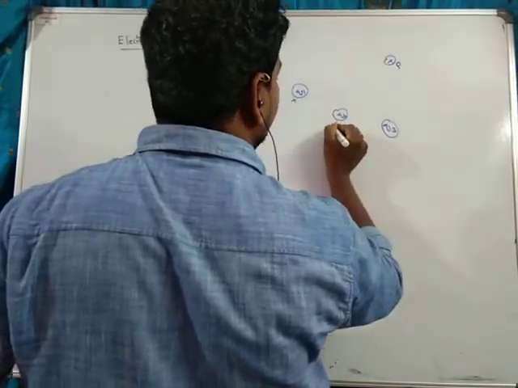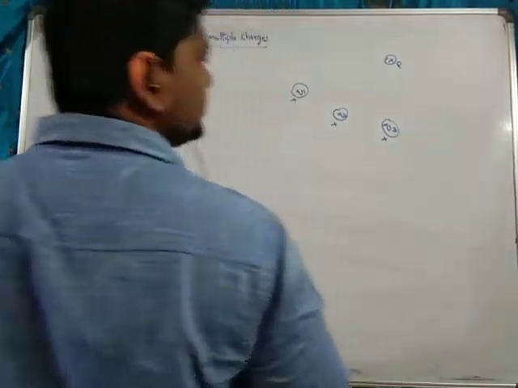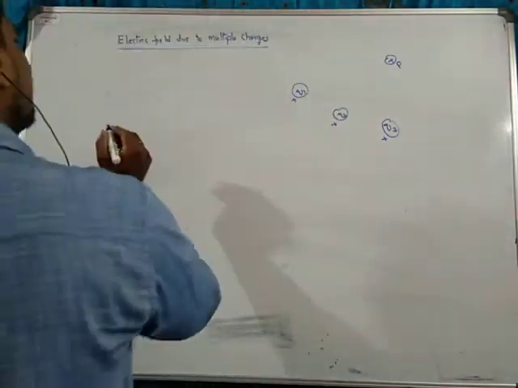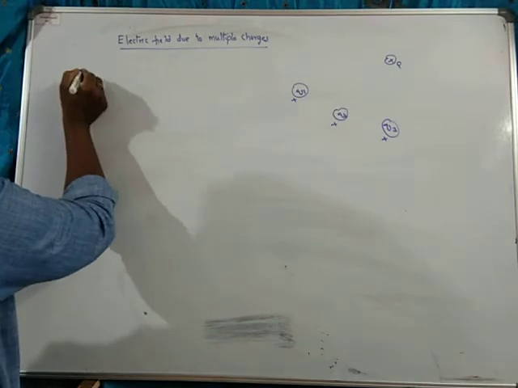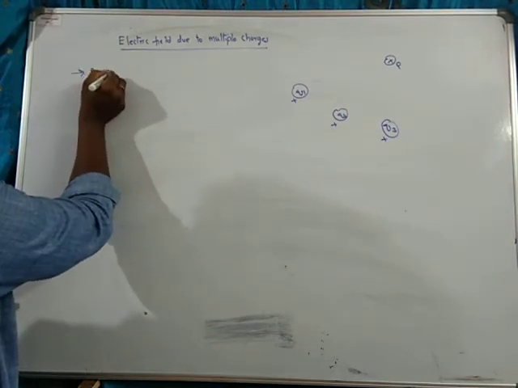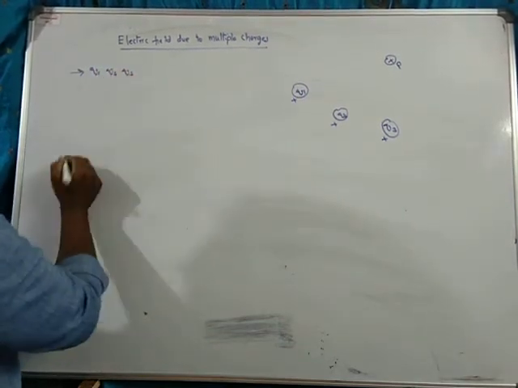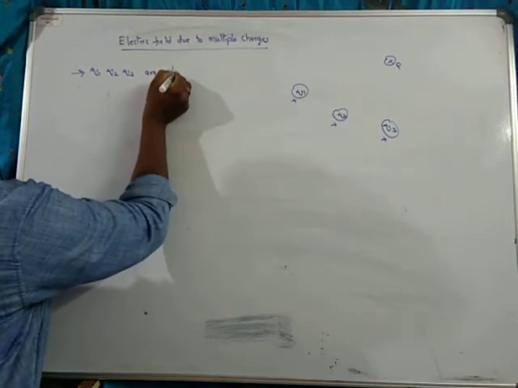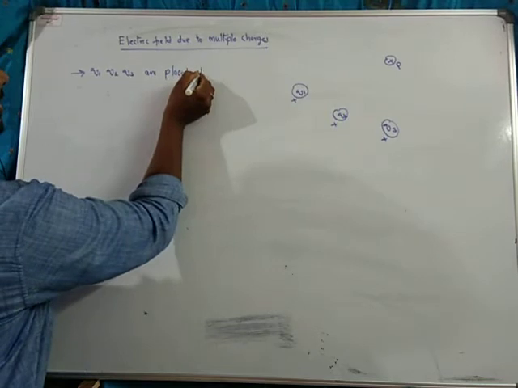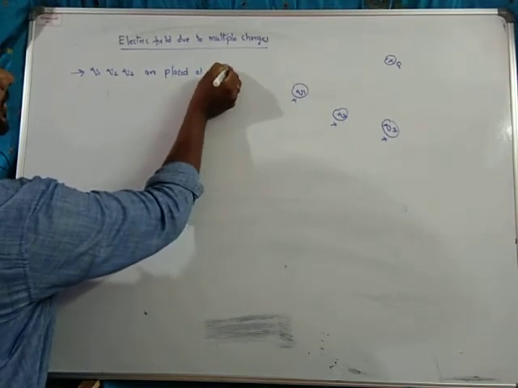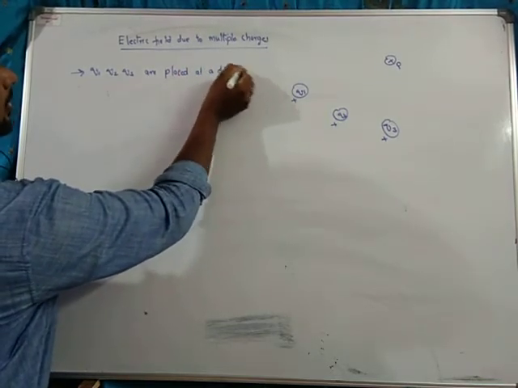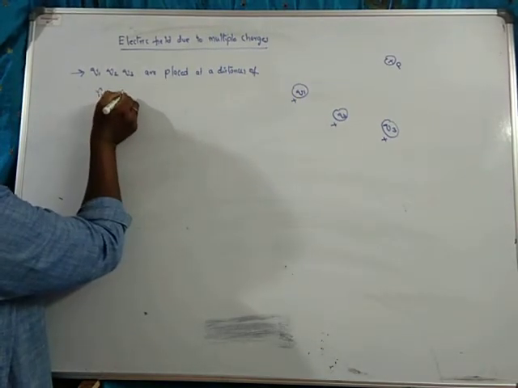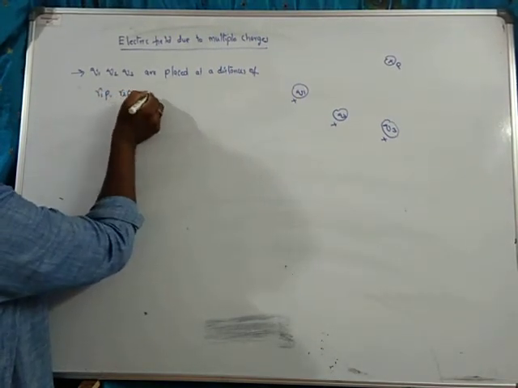Here also we consider positive, positive, positive. Now we are considering the three charges Q1, Q2, Q3 placed at distances of R1P, R2P, R3P.